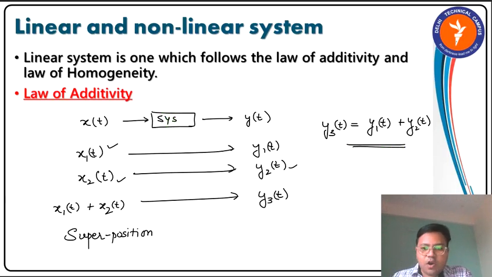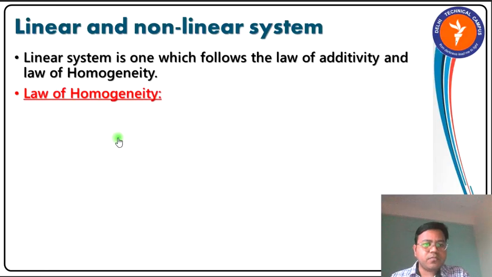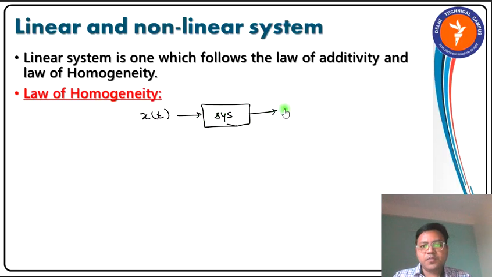Let us discuss the law of homogeneity now. The law of homogeneity says if we have this system, which is excited by this x(t), and it is producing an output of y(t).